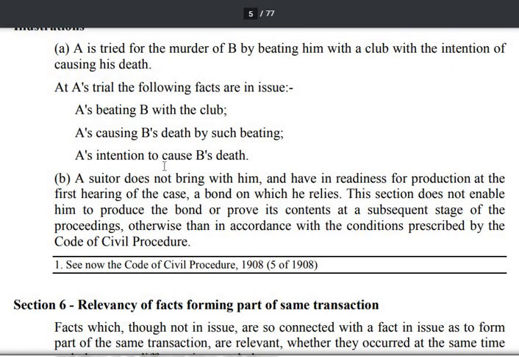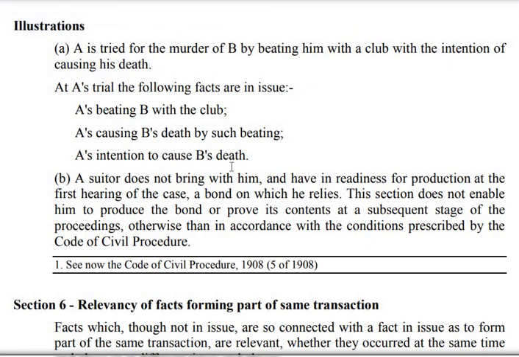A's intention to cause B's death. अब बताइए इन सब फैक्ट्स पर एविडेंस अलाउड होगा कि नहीं? Yes, it may be allowed. These are the facts in issue and they may all be allowed to be proved. So in सब पे the evidence is permissible.